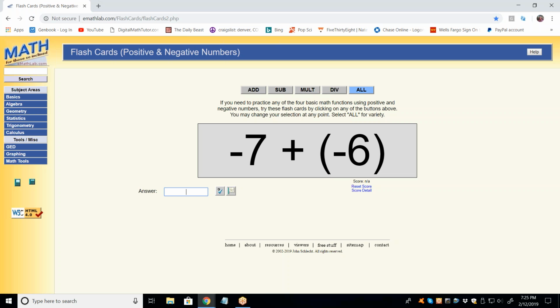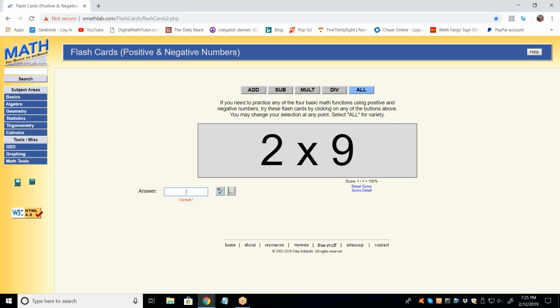13. Nope. Negative 13. Okay. 18. 80. When you're doing multiplication or division, I want you to give me the sign first, even if it's positive. Okay?